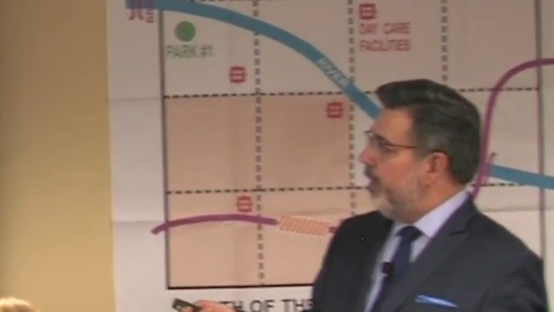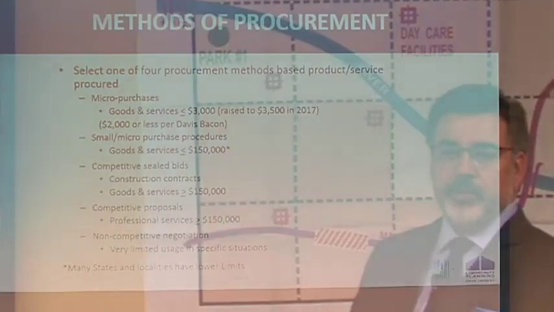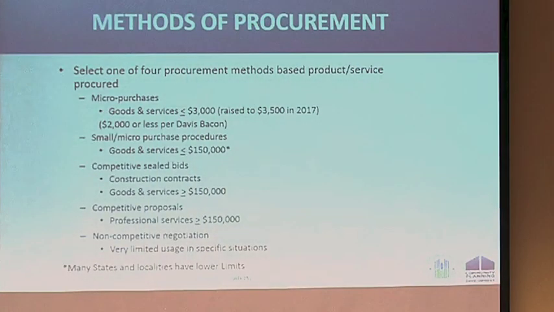If we look at competitive sealed bids, these are your typical construction-type bid projects and procurement, okay? Where you are having contractors submit sealed bids to your city clerk or someone of that nature. Goods and services can be equal to or over $150,000. You can use it for less than that, by the way, okay? Competitive proposals, professional services as an example.